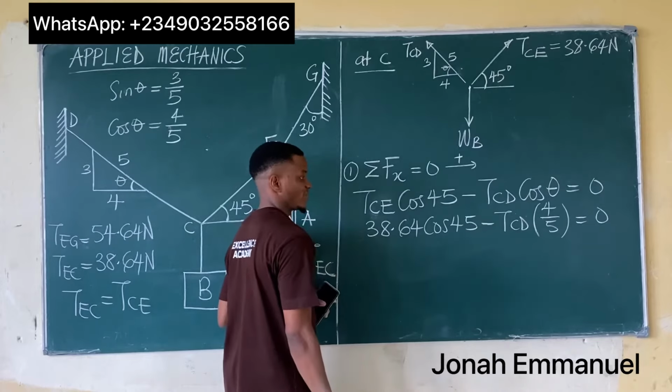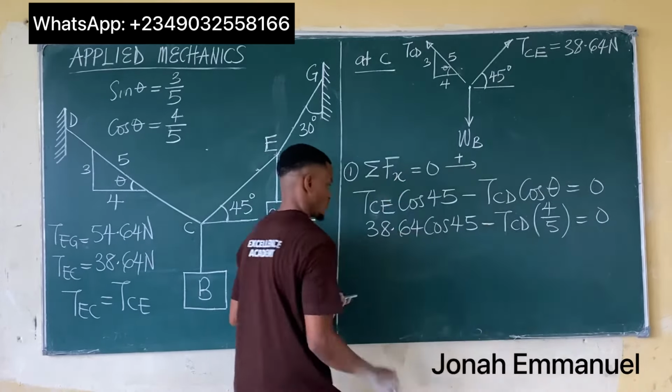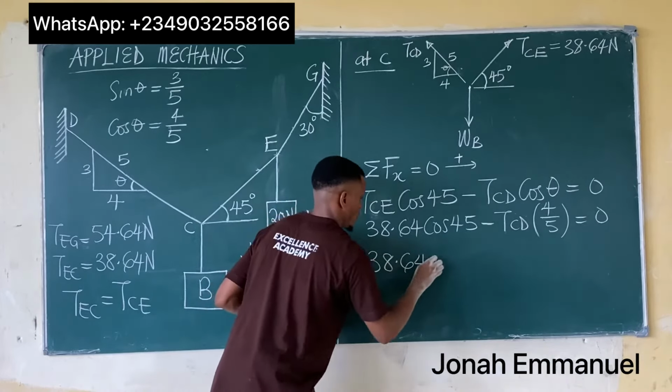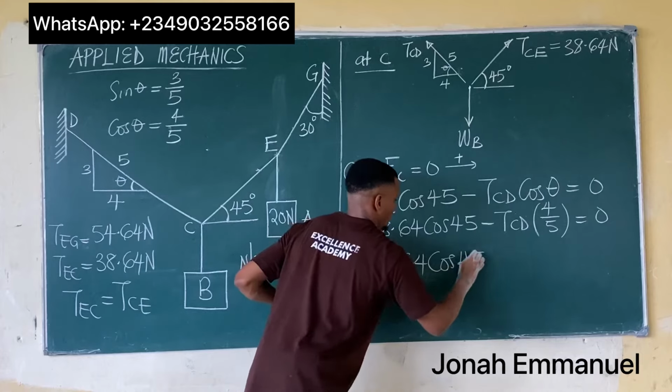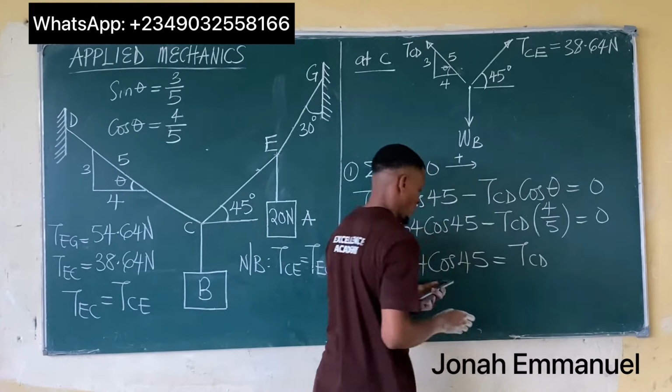Alright, so the task will be simple. I want to get TCD. I'll move this one over here. So this value becomes 38.64 cos 45 is equal to positive TCD into 4/5.